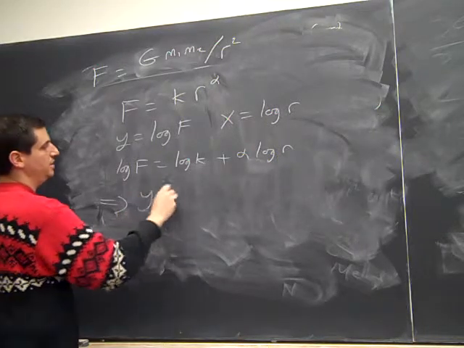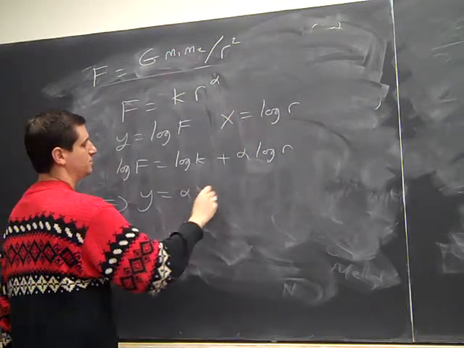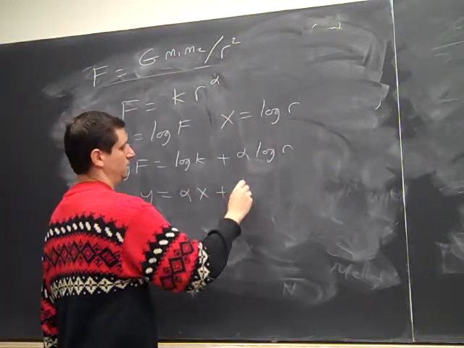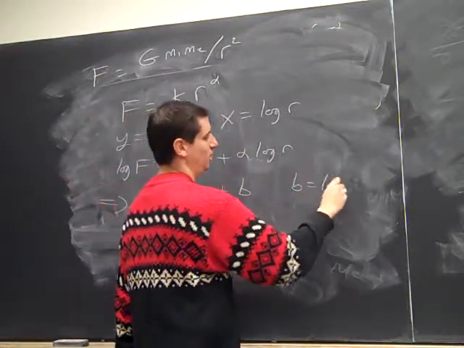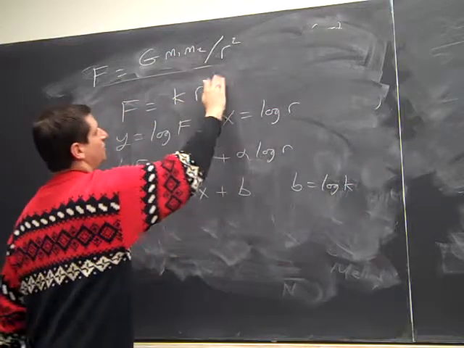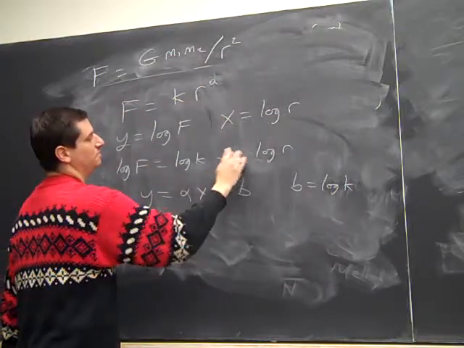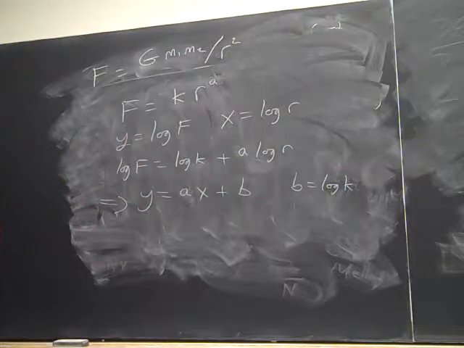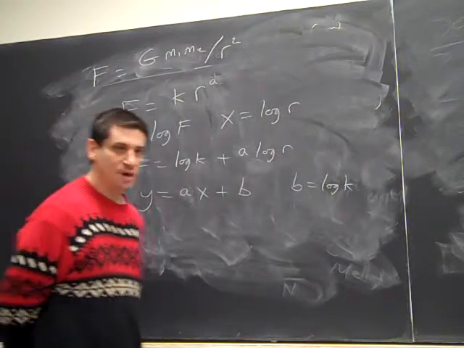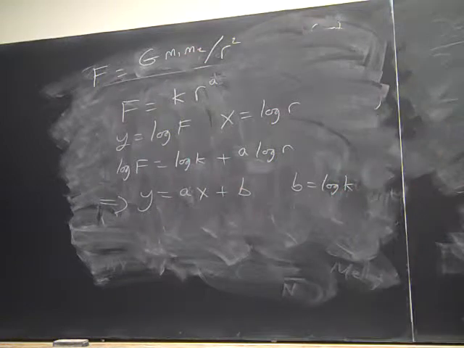We get y equals alpha x plus b. So I'll let b equal log k. Actually, I could have called that a from the beginning. And we've made the relationship linear. The method of least squares is powerful enough to predict the best exponents in relationships like this.